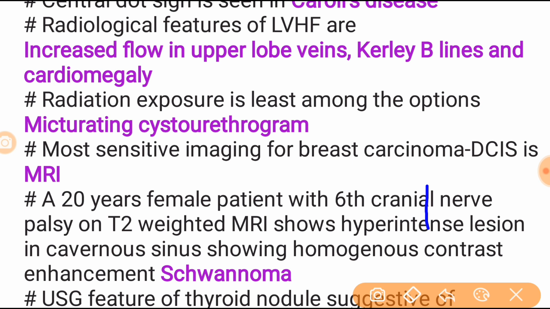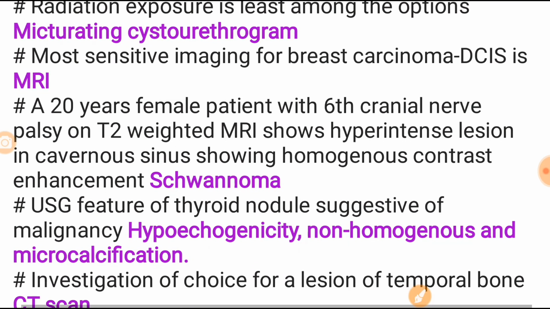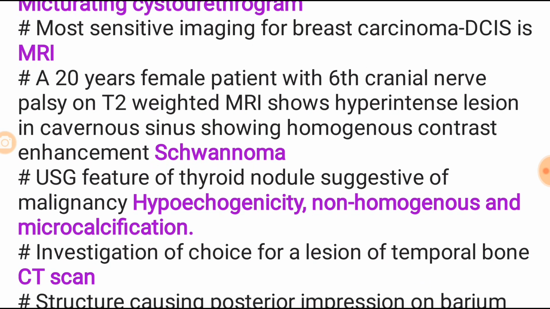Always remember that the most sensitive imaging for breast carcinoma will be MRI. Next is a 20-year-old female patient with 6th cranial nerve palsy. MRI shows a hyperintense lesion in the cavernous sinus showing homogeneous contrast enhancement.